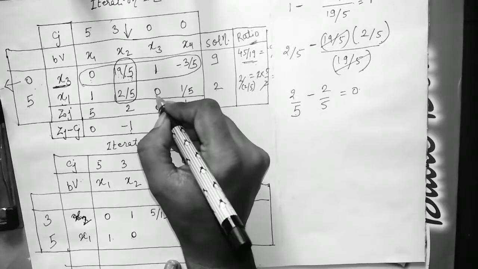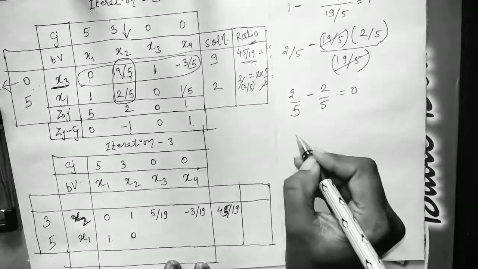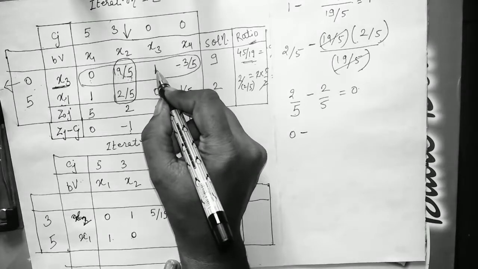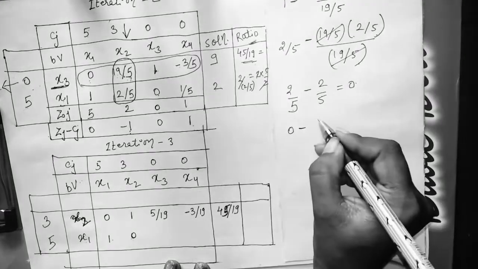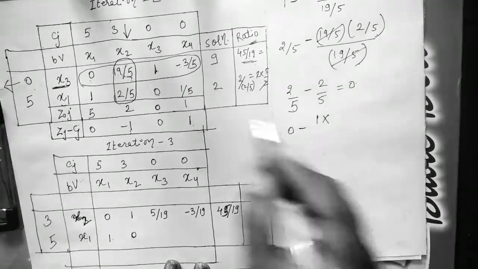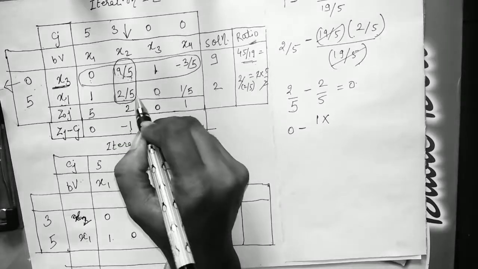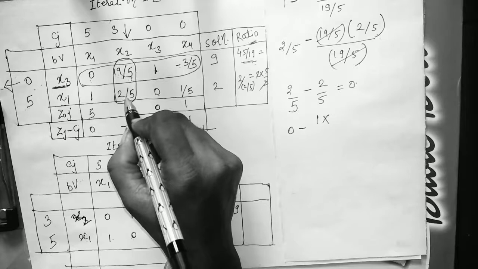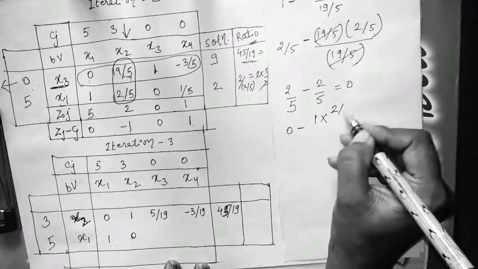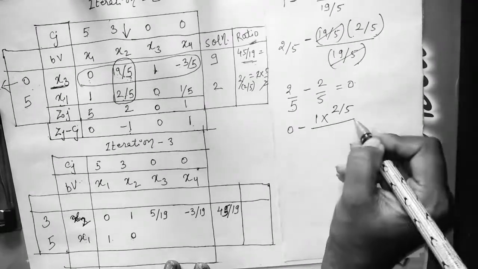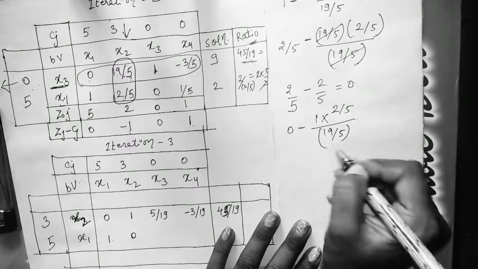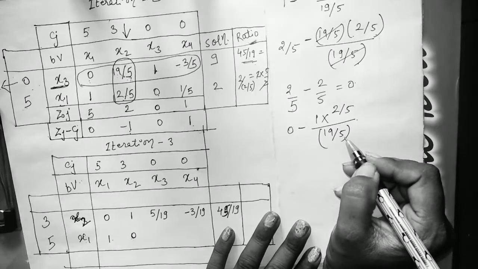Now for this, the old value is 0 minus the corresponding key row element, which is 1, into the corresponding key column element, which is 2 upon 5, upon 19 upon 5.